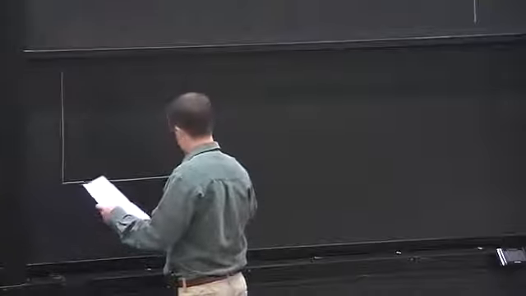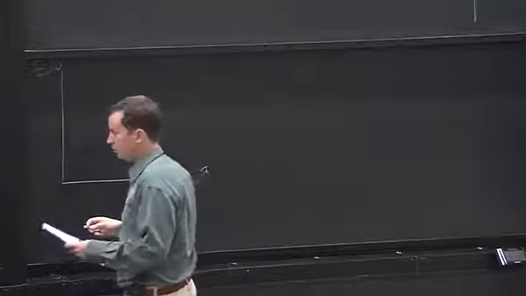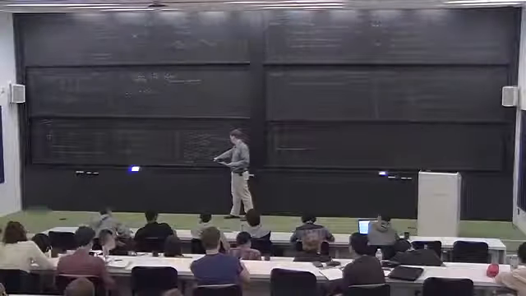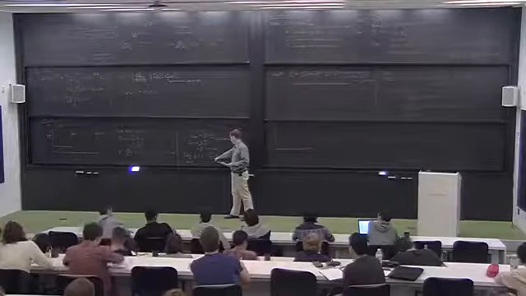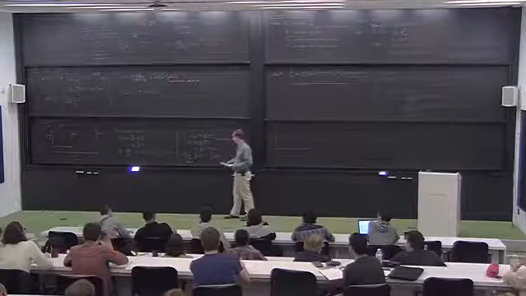what does this look like? Plot E naught of A. So x here is varying between 0 and 1 as we change A, it's a fractional part.